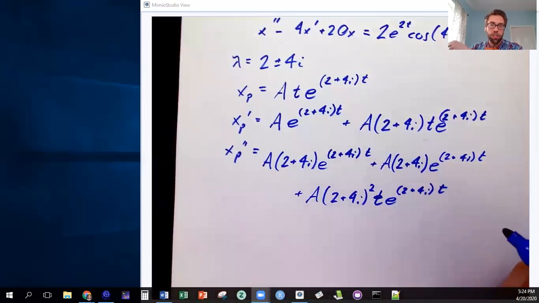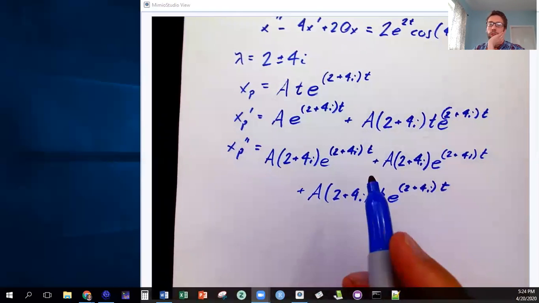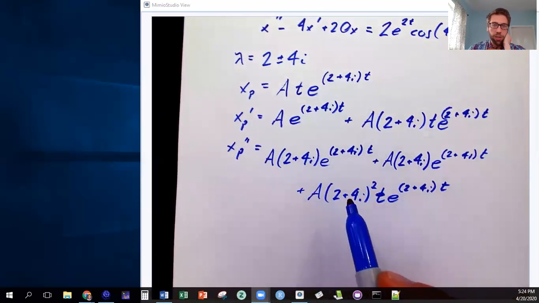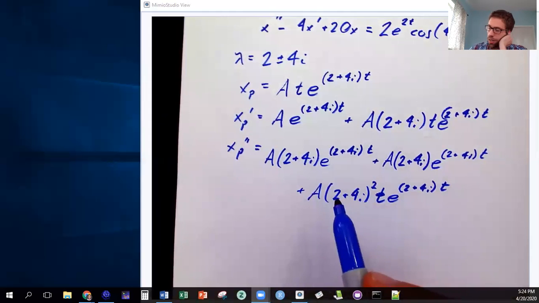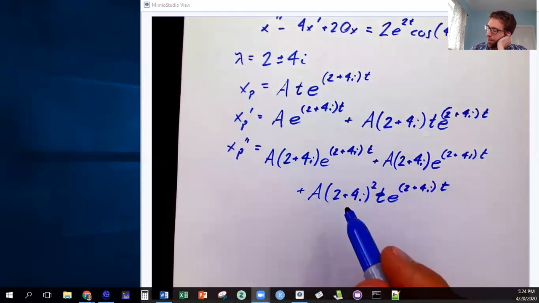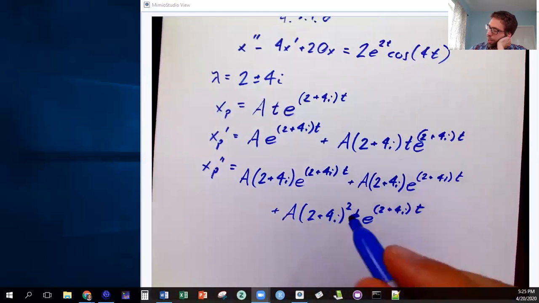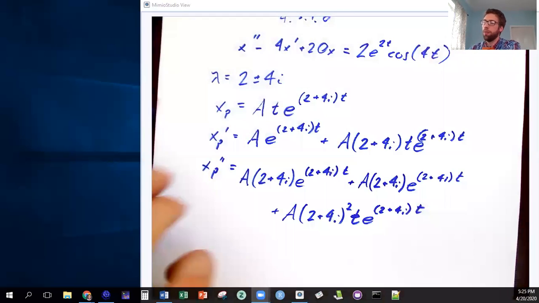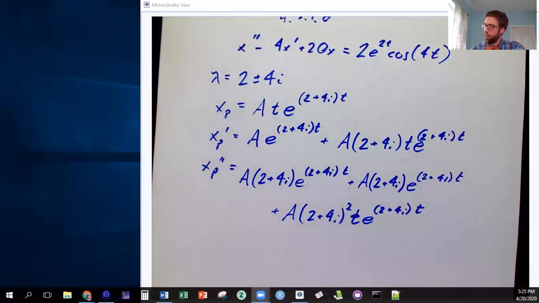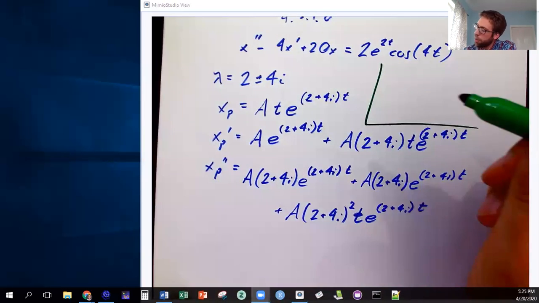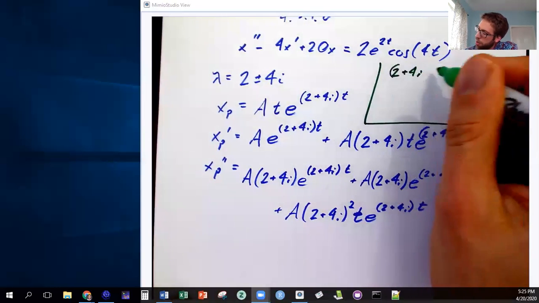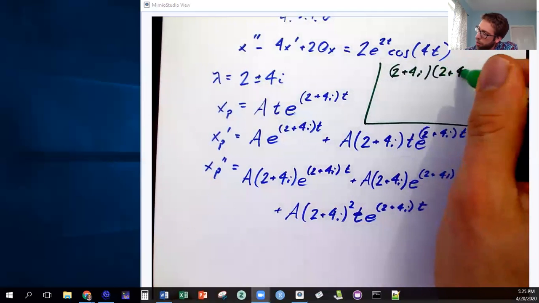Now there are two ways we can simplify this. First is to combine our like terms there, and then the next is to do complex arithmetic here. If I foil that, let me go over here, even change colors just for fun. So here I've got (2 plus 4i) times (2 plus 4i).